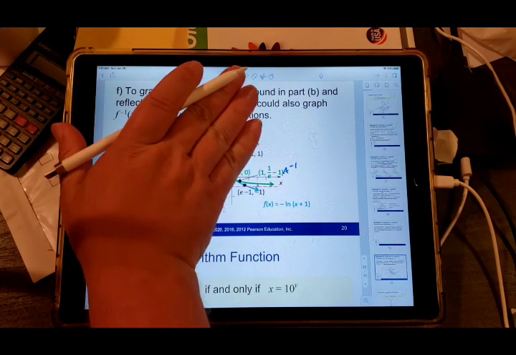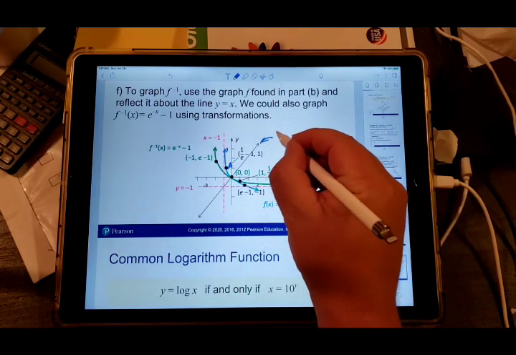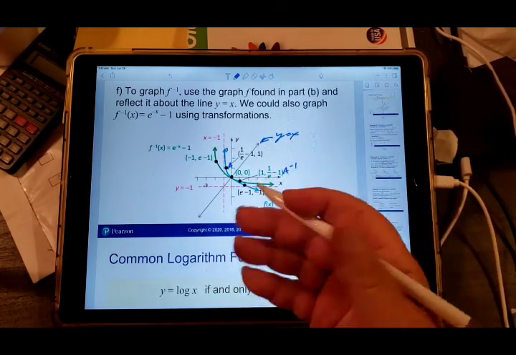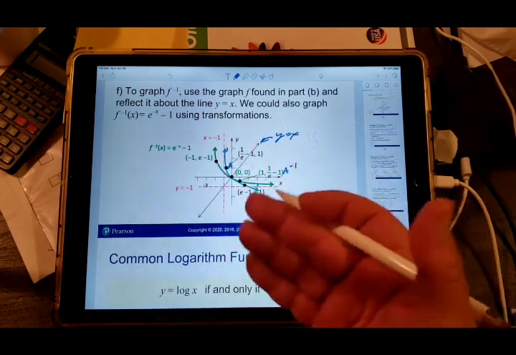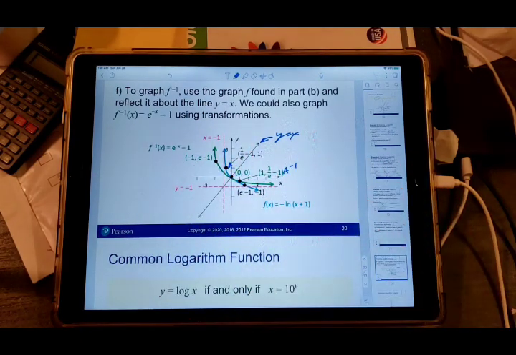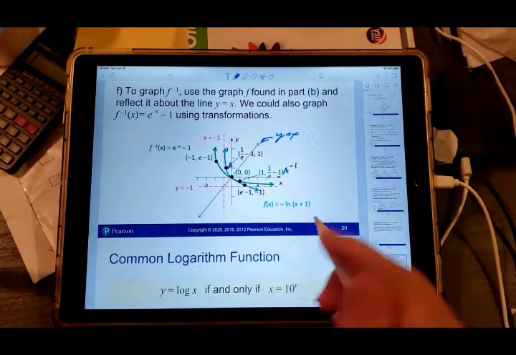And it's like taking the original graph and flipping it like a pancake in the line y equals x. So I'm not really a fan of this particular one because it's not really obvious that that's what you get when you flip one graph and superimpose it on the other one.